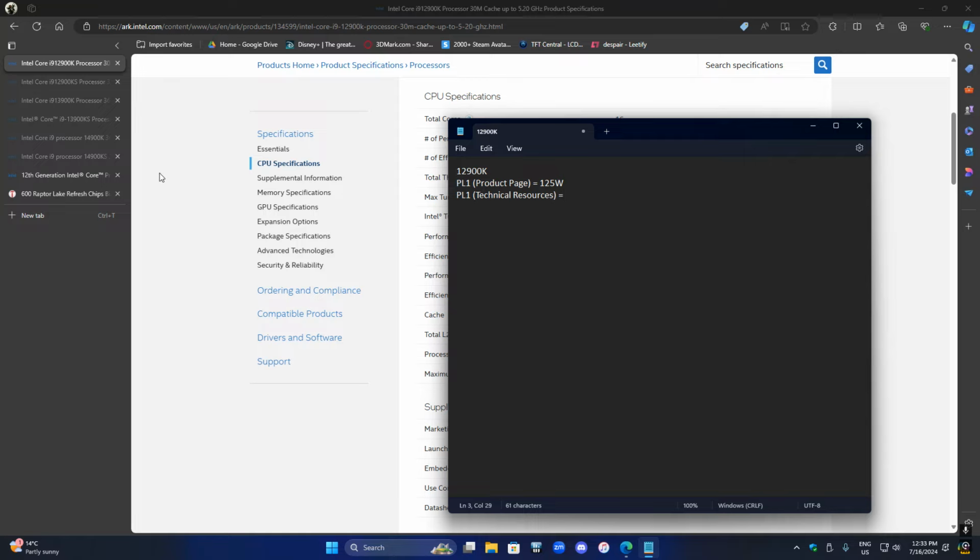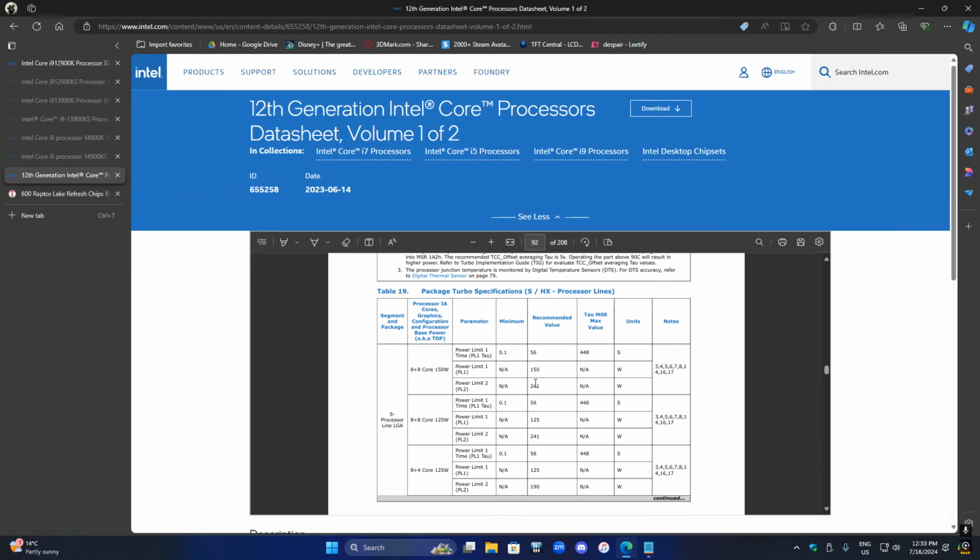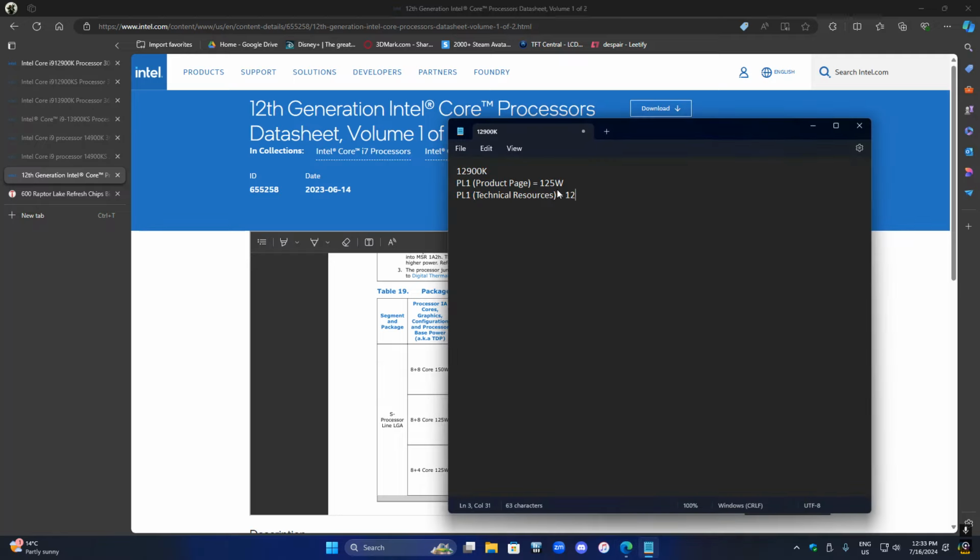You want to guess? 5, 4, 3, 2, 1. 125 watts. Exactly the same as on the product page.